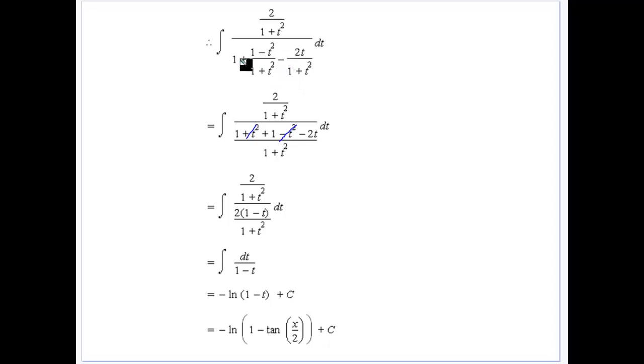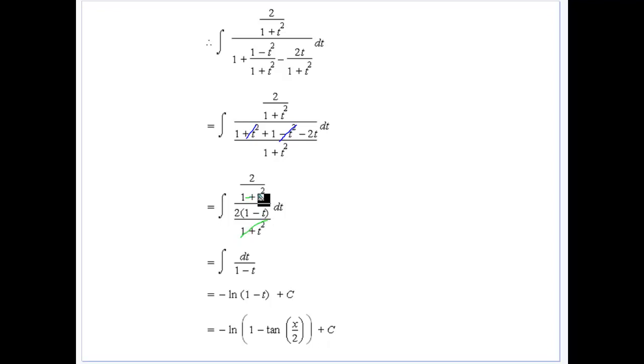Let's get a common denominator for our big denominator here. So we get 1 plus t squared on 1 plus t squared. The others are okay, we don't need manipulation. That will get a cancelling of t squareds there. Cleans it up a little bit. The 2 over 1 plus t squared, over 1 minus t over 1 plus t squared.